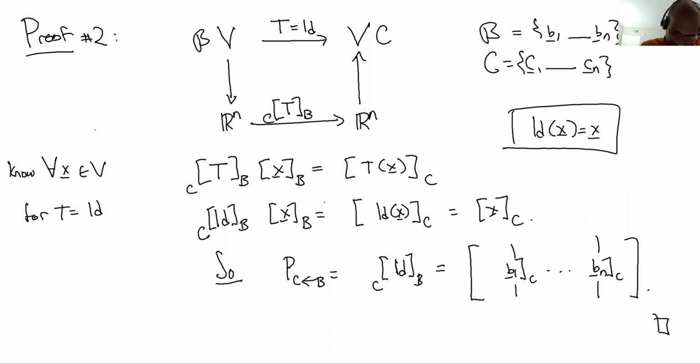The step was that this is identity of B1, identity of Bn, but that's just equal to B1, Bn. Okay, so that's change of coordinates for vectors. What about change of coordinates for linear transformations?